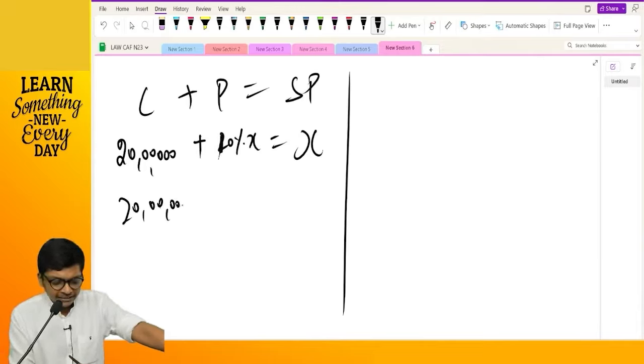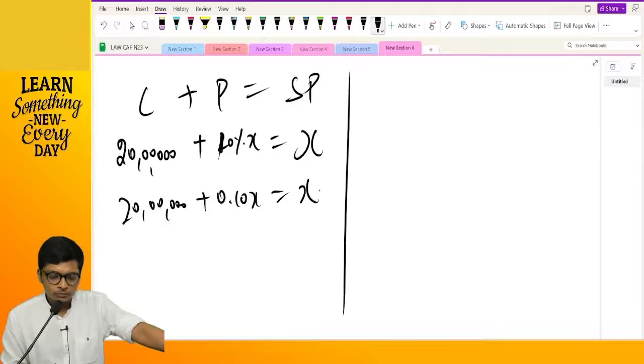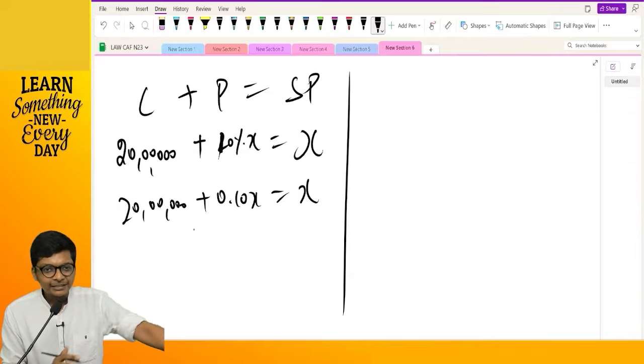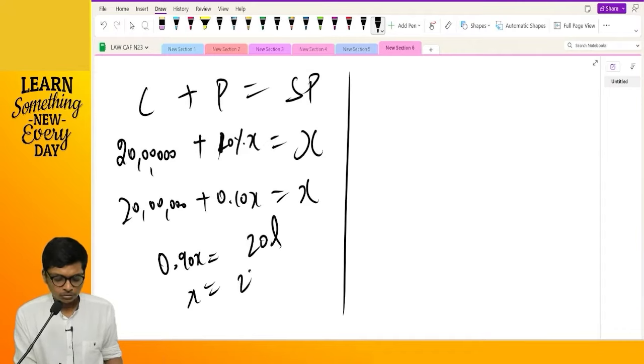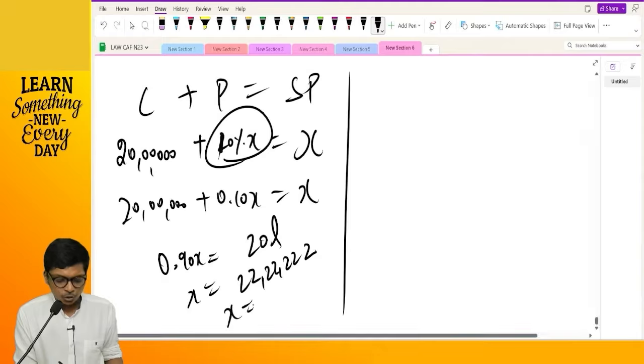So 20 lakhs plus 0.10x is equal to x. Bring all the x to one side, you know what to do: 0.90x is equal to 20 lakhs. Therefore 10% of x is the profit, which is 2 lakh 22,222.